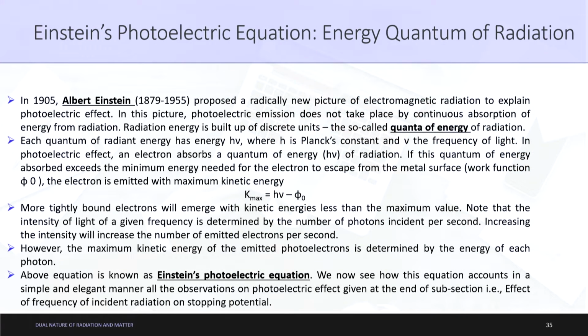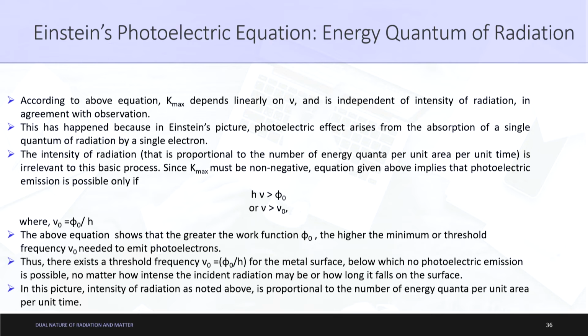In the previous lecture we understood the Kmax value, which is equal to h nu minus phi naught. According to this equation, Kmax depends linearly on nu and is independent of the intensity of radiation, in agreement with the observation from the experimental study of the photoelectric effect.